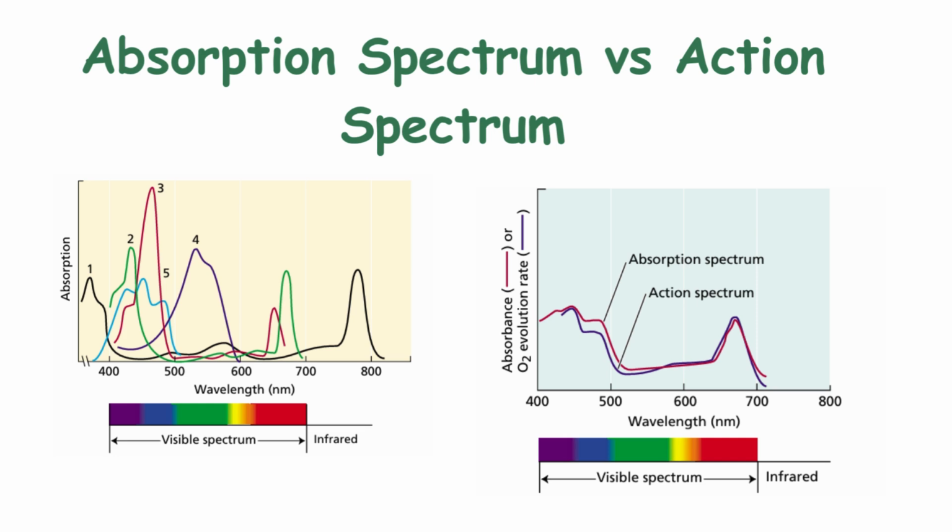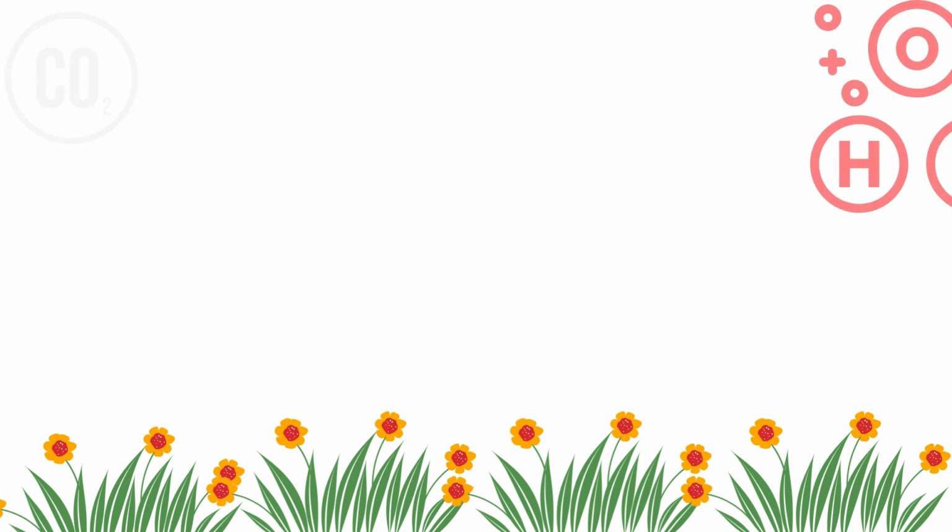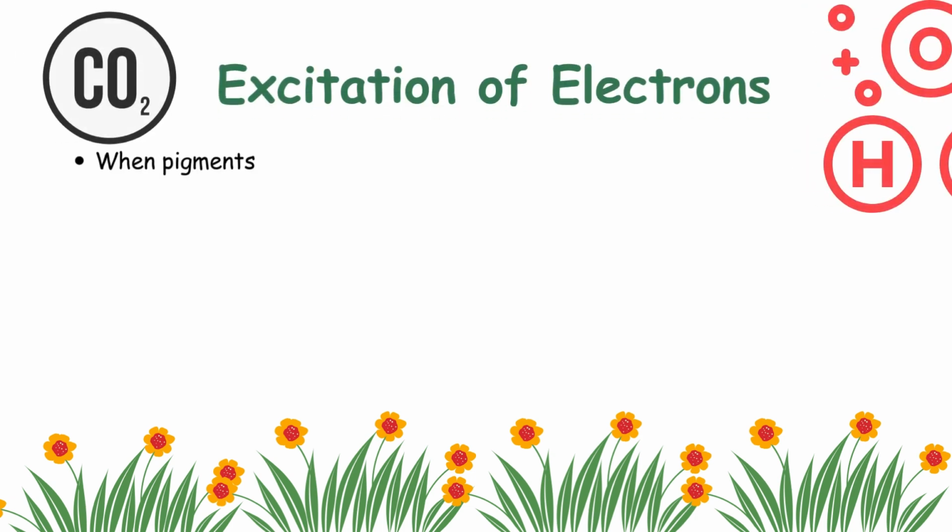Something dramatic happens next. When a pigment absorbs a photon, an electron in the molecule gets excited, jumping from a stable low energy state to an unstable high energy state. And then several things can happen.